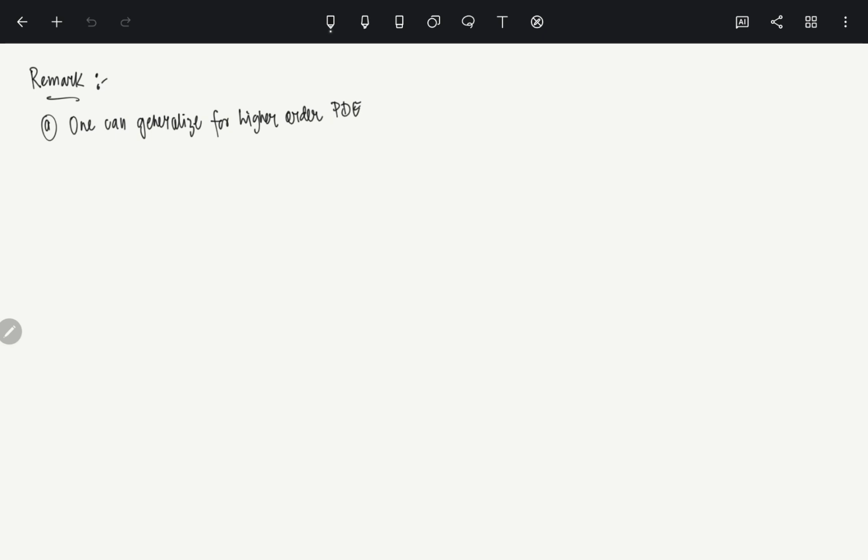Another thing is this. We started with a quasi-linear equation and not a non-linear equation. So what happens in a non-linear equation? Can't we do this? In case of non-linear equations, you can actually have a similar sort of geometric interpretation, but not exactly similar, of course.